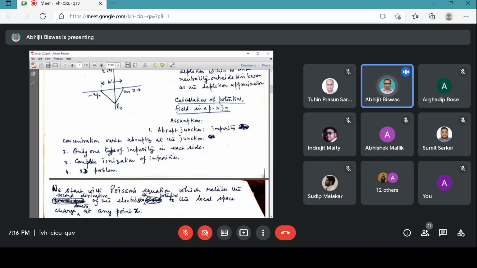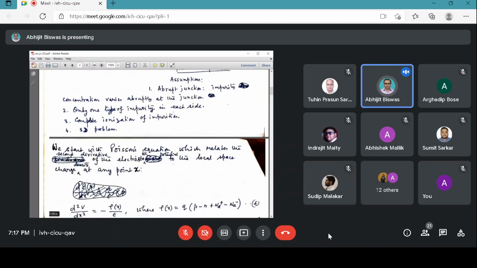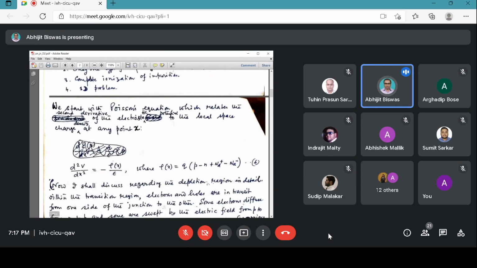And it is a 1D problem, means the doping concentration, variation of material parameters, everything actually occurs in one dimension. It is a function of x only, not y and z, to make the problem simple. Now, how can you find the potential profile within the PN junction diode?